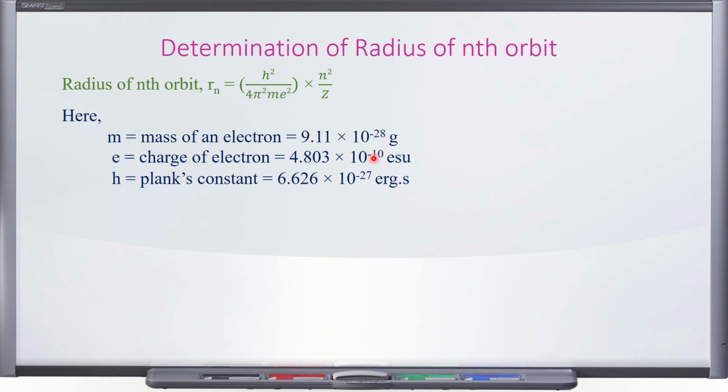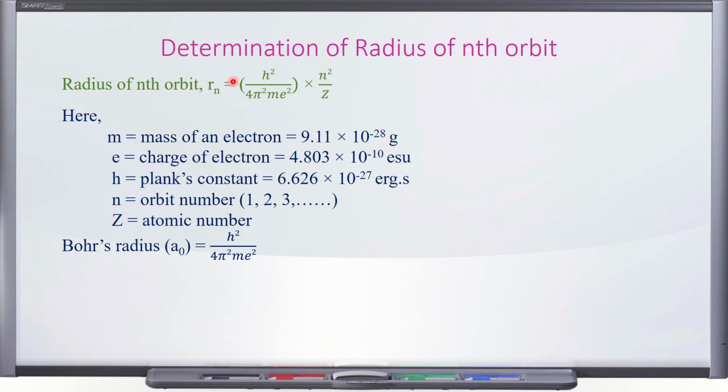Look, here we didn't use 6.626 into 10 to the power minus 34 joule second because here all the terms are in CGS unit. In CGS unit, Planck's constant is 6.626 into 10 to the power minus 27 erg second. And here n is the orbit number, first, second, third, fourth, or any orbit, and z is the atomic number.